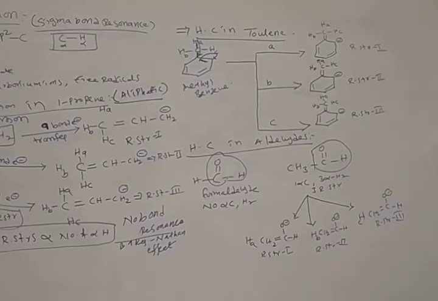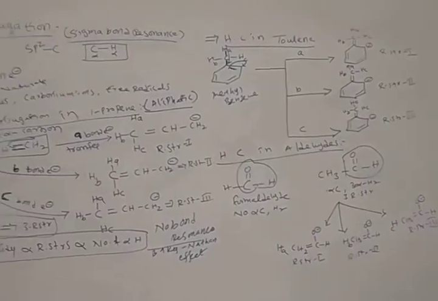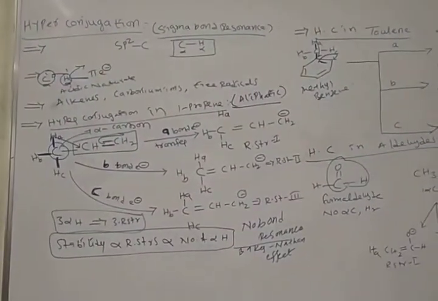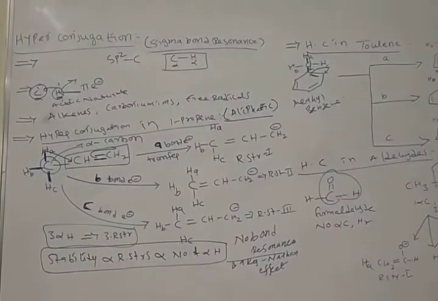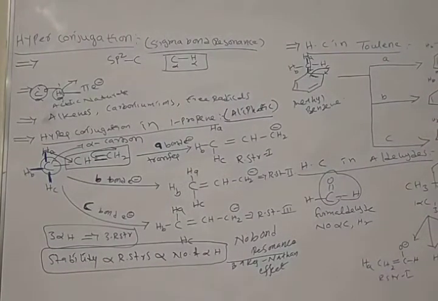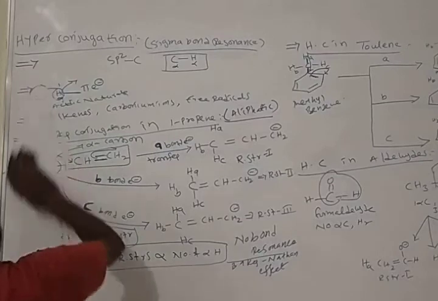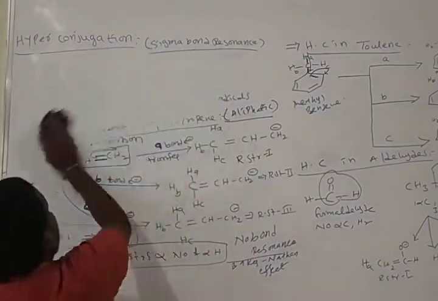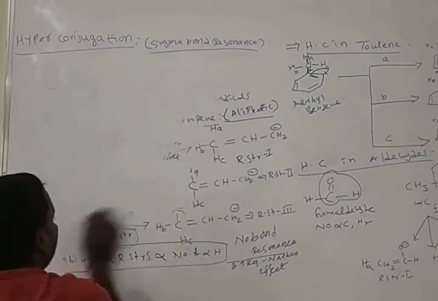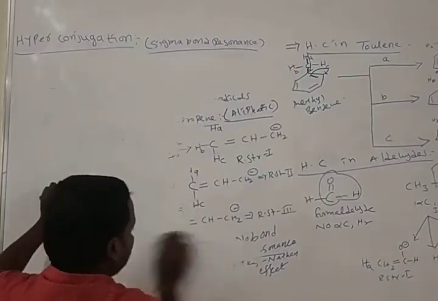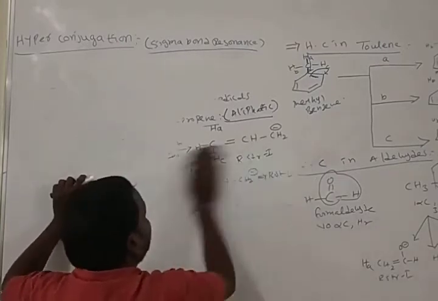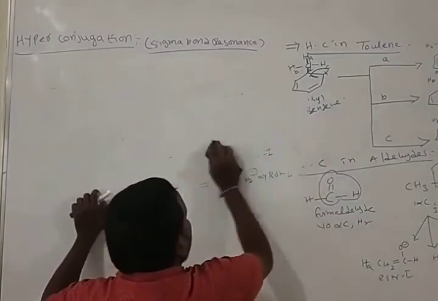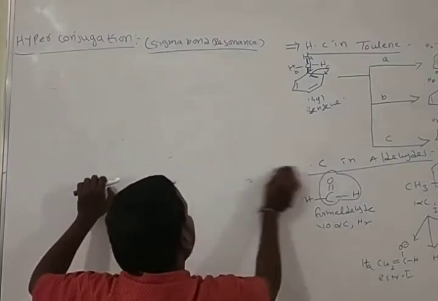Then in continuation, we'll see the applications of hyperconjugation. Hyperconjugation mainly explains the stability of alkenes, stability of carbocations, and stability of free radicals.